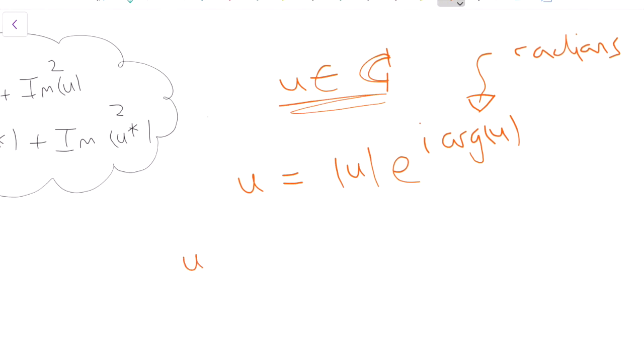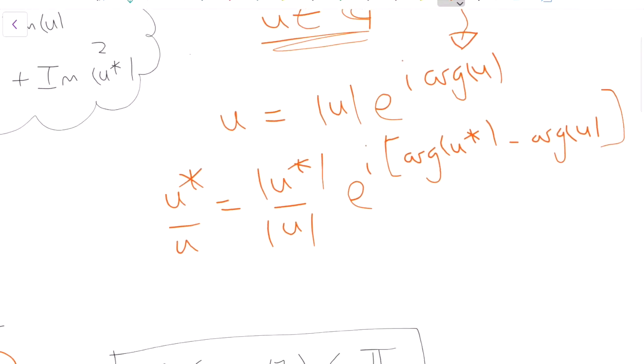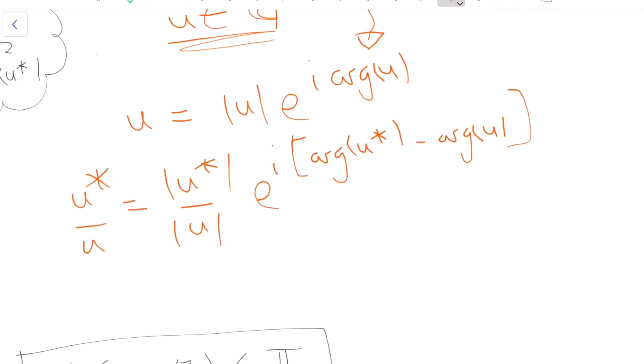Then u star by u is just the modulus of u star divided by the modulus of u, times e to the i, and then using exponents, you get arg of u star minus arg of u. And that's exactly what you get, so the argument of this is given here.